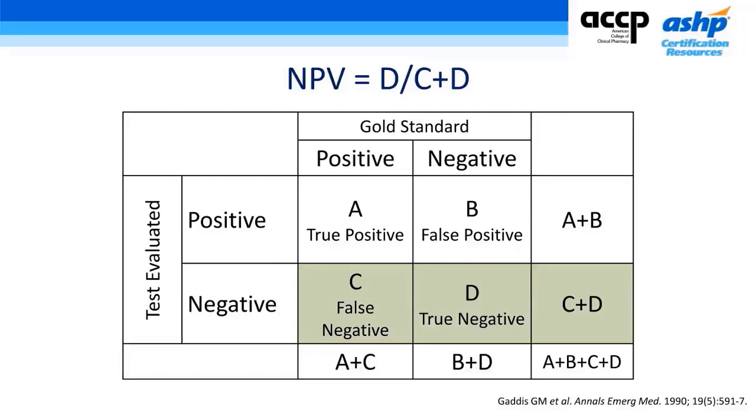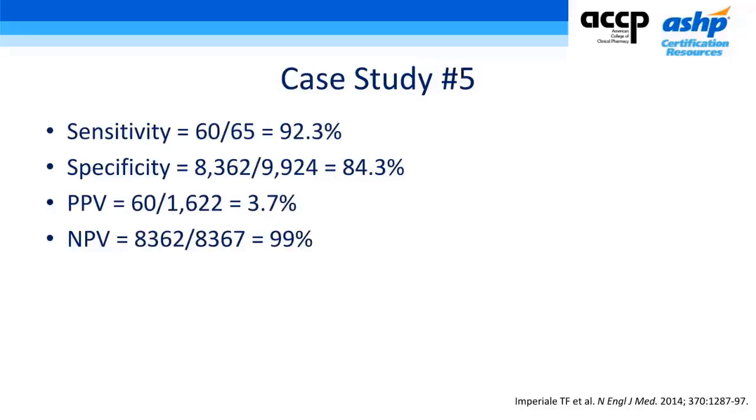To calculate the negative predictive value, we use true negatives over the sum of the false negatives and true negative values.